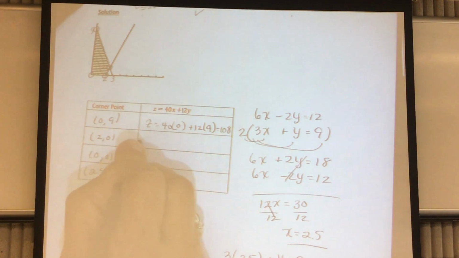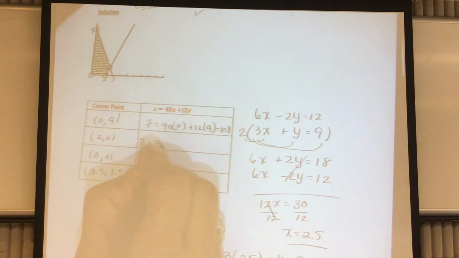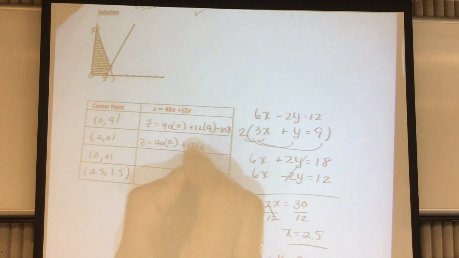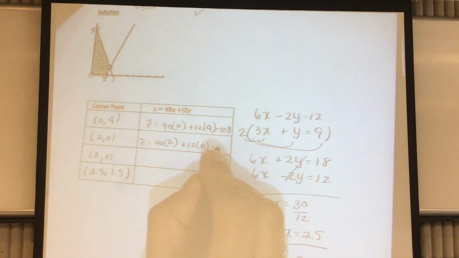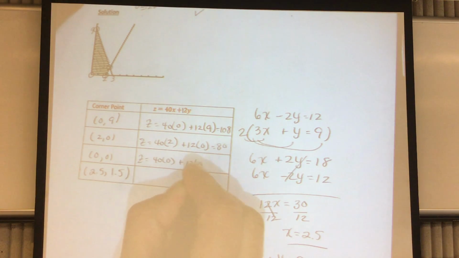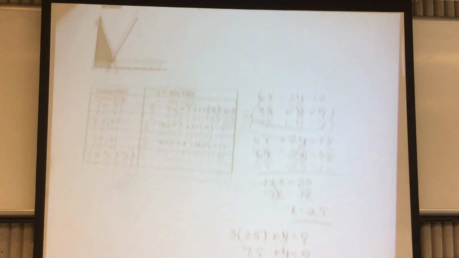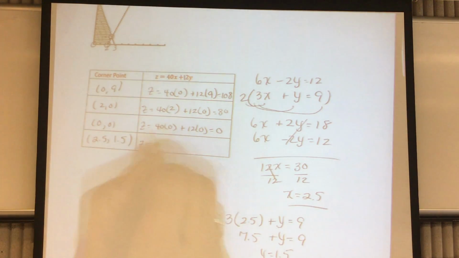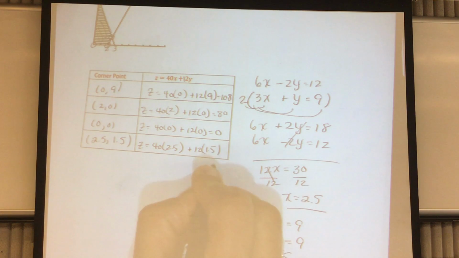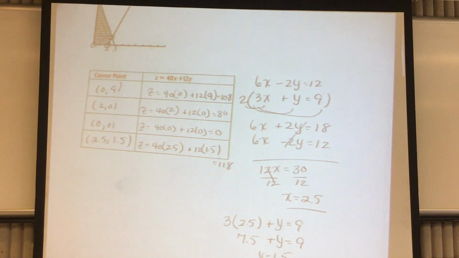And then I have z is equal to 40 times 2 plus 12 times 0, and that is equal to 80. And then z is equal to 40 times 0 plus 12 times 0, and that is 0. And then z is equal to 40 times 2.5 plus 12 times 1.5, and that is equal to 118.